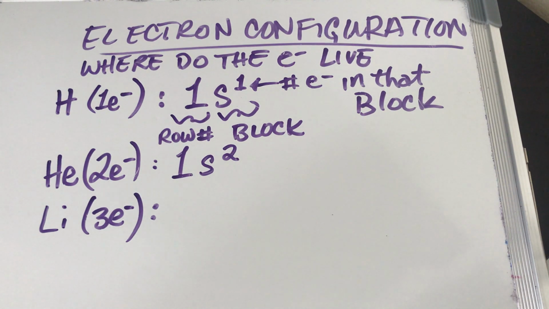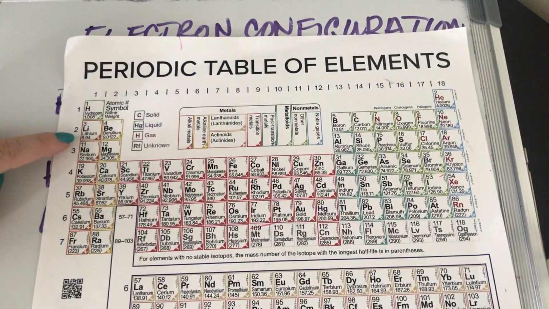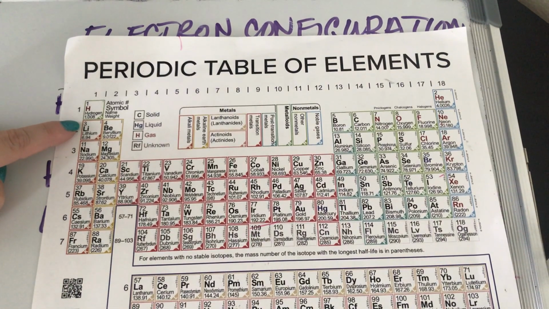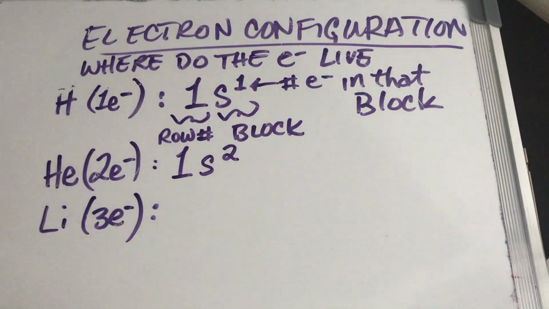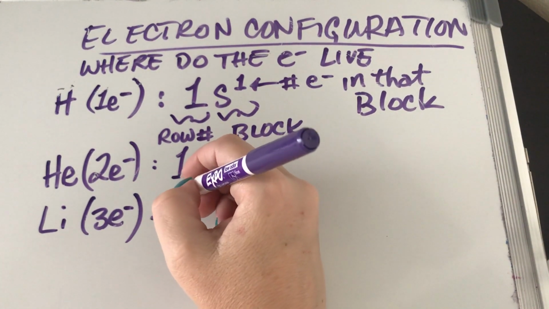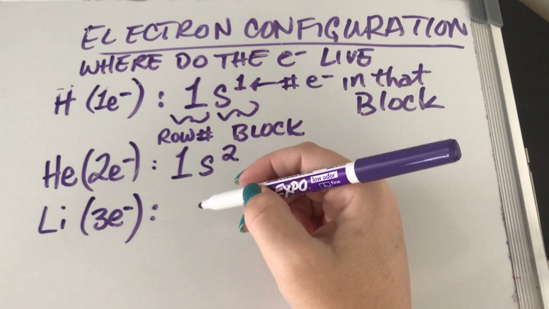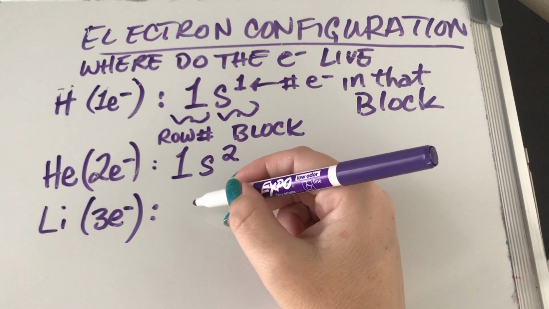So, lithium has 3 electrons. Everybody okay with me on that? Protons and electrons are the same number, right? So we have 3 total electrons. And we said the core electrons are going to be all of the ones from the previous row, right?